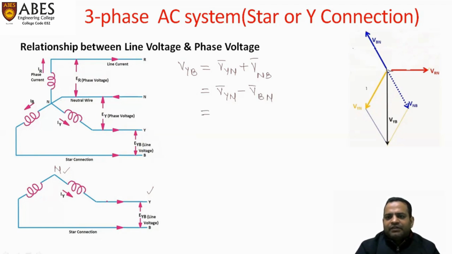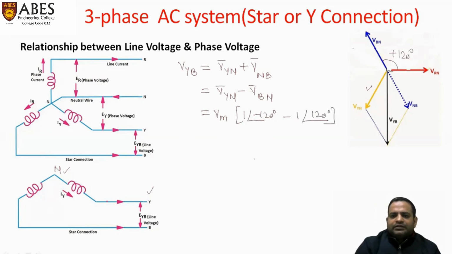This is Vm, 1 angle minus 120 degree, minus VBN, which is plus 120 degree. So 1 angle 120 degree.